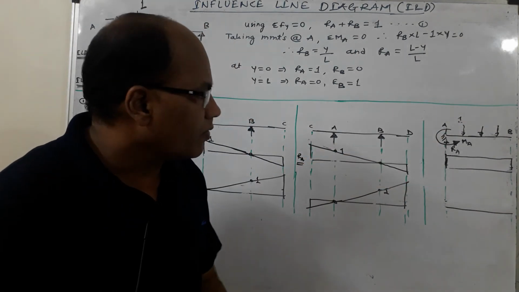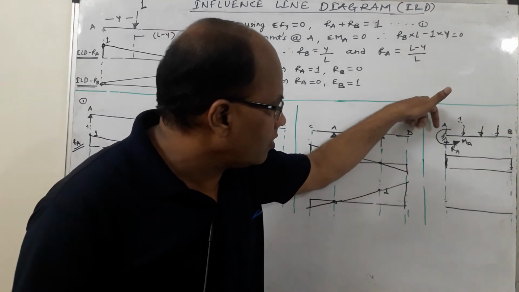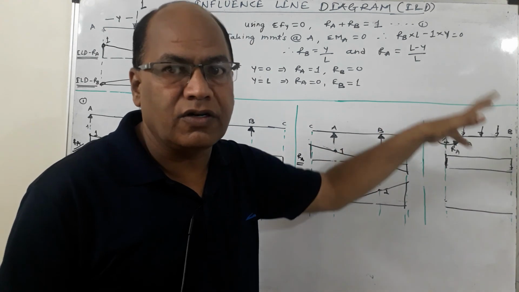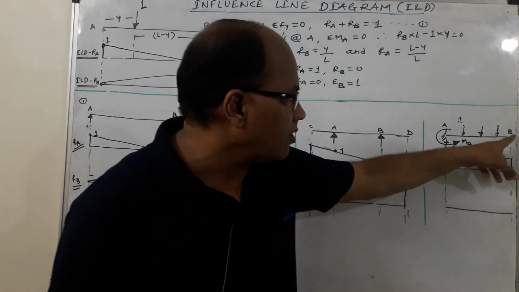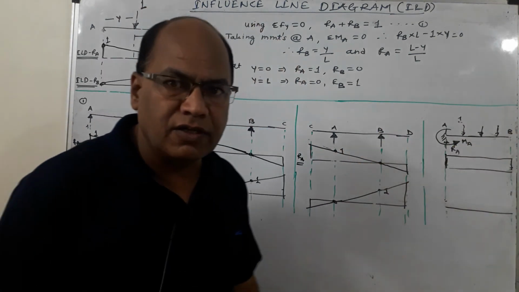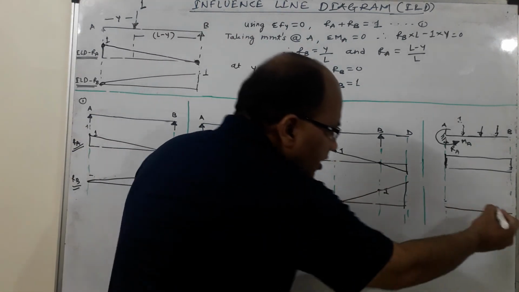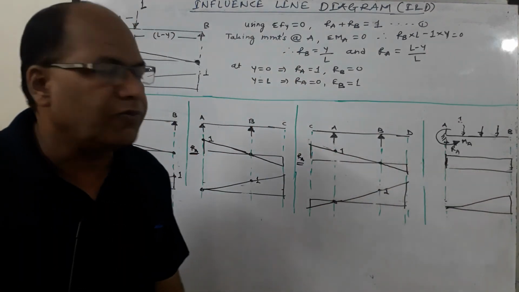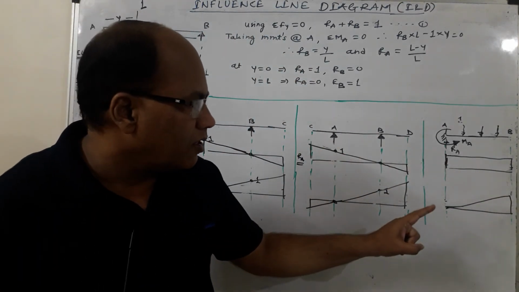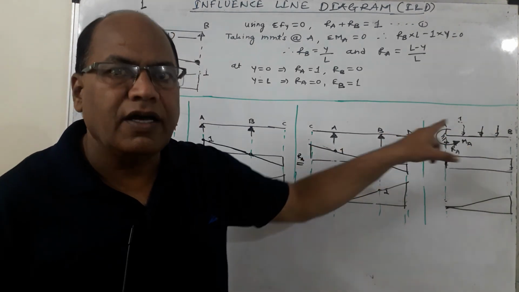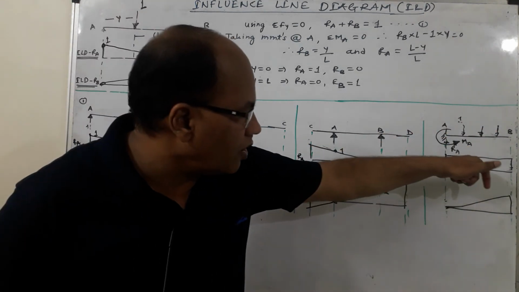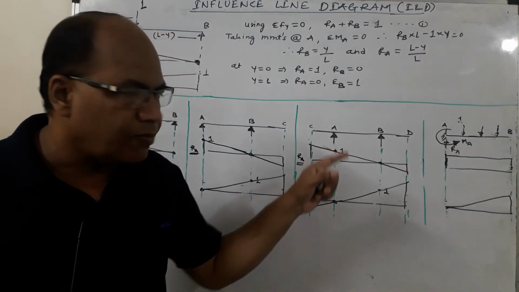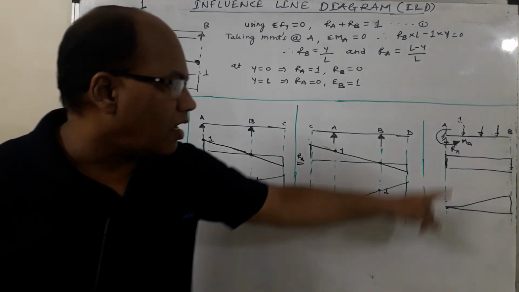So it is to be kept in mind that as the load moves away from the fixed position A, the moment at A goes on increasing, and it will be maximum when the unit load is at position B. And as such, the ILD for Ma will be a triangle with the maximum ordinate at position B, indicating that when the unit load is at B, Ma is maximum. So as the unit load is closer and closer to A, Ma is approaching 0, whereas Ra is constant.